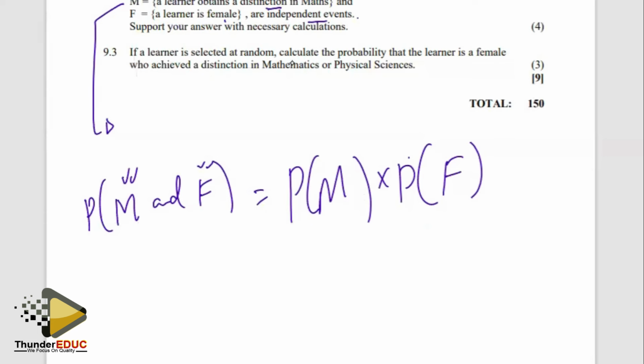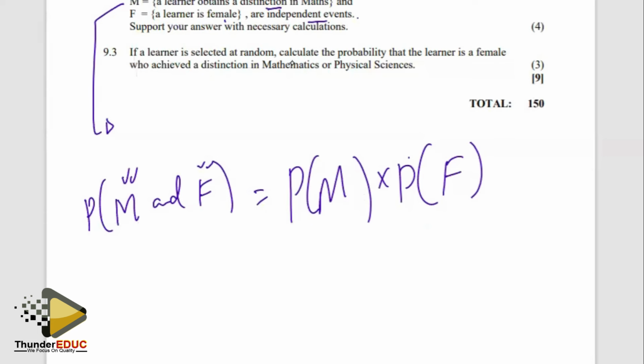Okay, so we have 125 learners that obtain a distinction in maths, whether they are male or female. That is overall, which means the probability of M is going to be 125 over 500. Then we've seen that the females, we have 260. So this is going to work on this other side.